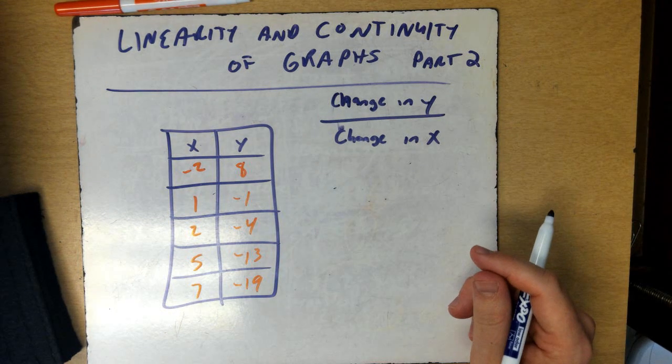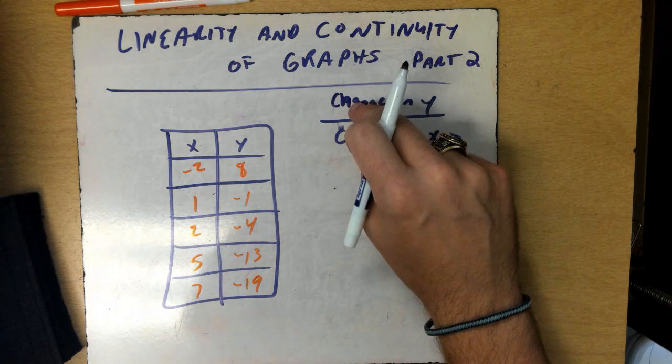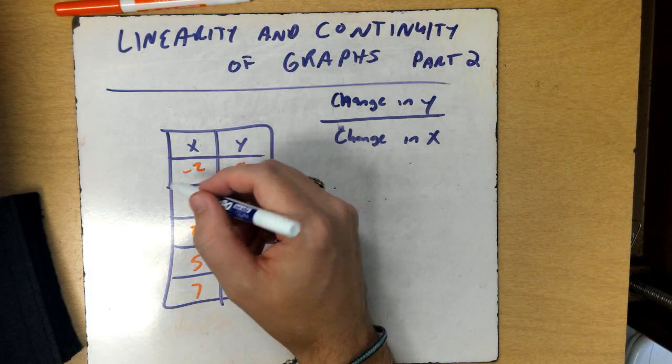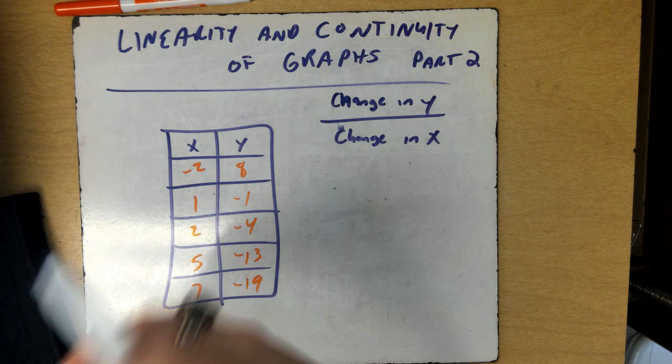What do I mean by that? Change means the difference, the subtraction. We're going to subtract each point from the next to figure out the difference between each one. Let's look at -2 and 1.